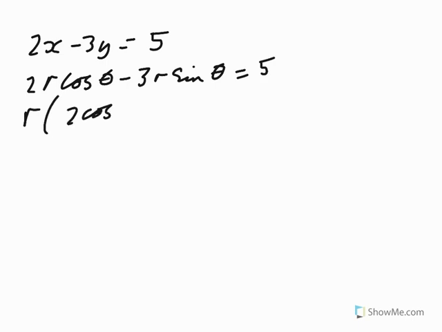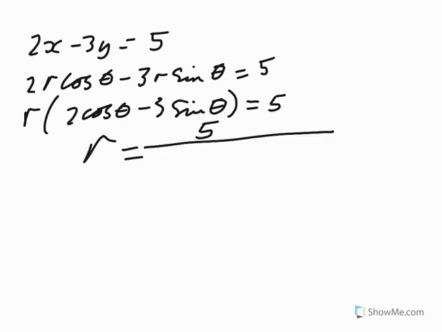So we've got r times (2 cos theta minus 3 sin theta) equals 5, and so r then would be 5 over 2 cos theta minus 3 sin theta, dividing both sides by that bracket. Alright, so that's what the polar form of that equation looks like.